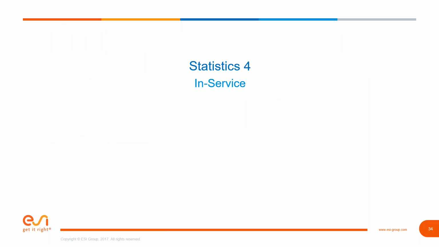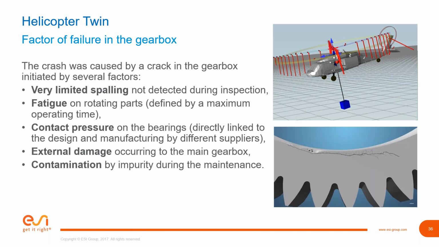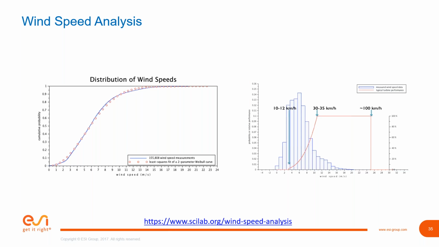And now we are to the subject of in-service, because statistics is used a lot, not just in engineering and manufacturing, but also in the operation of industrial products. One example that is probably interesting is related to wind turbines, and how you could look at the distribution of the wind speed.